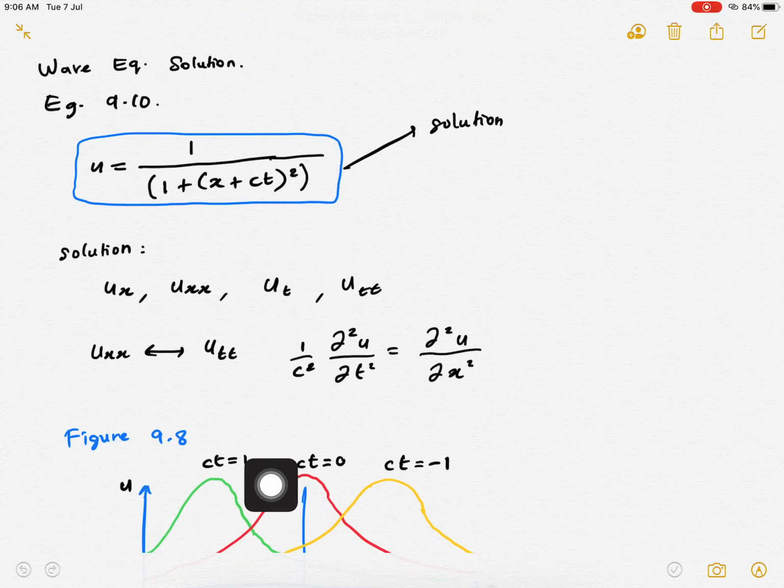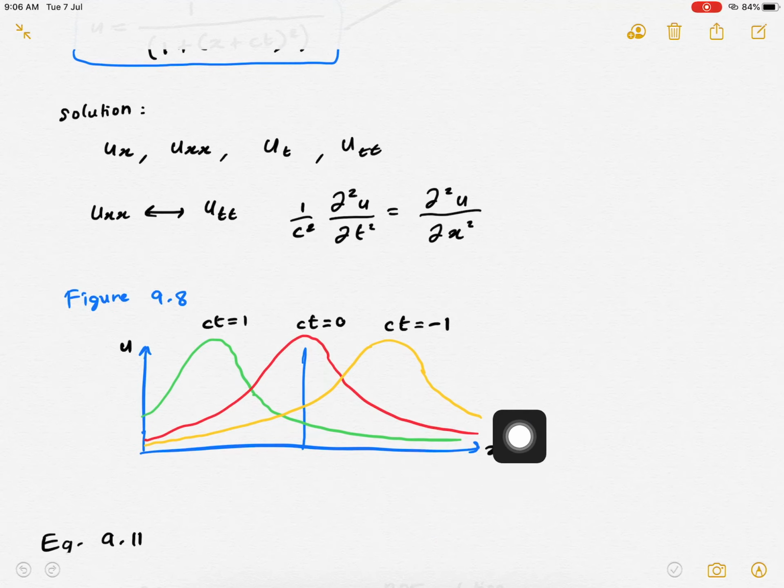So we make ct equal to -1, 0 and 1, and we want to see the value of u obtained from the calculation of x and ct. So this is the diagram, the sketch of the curve for different values of ct.